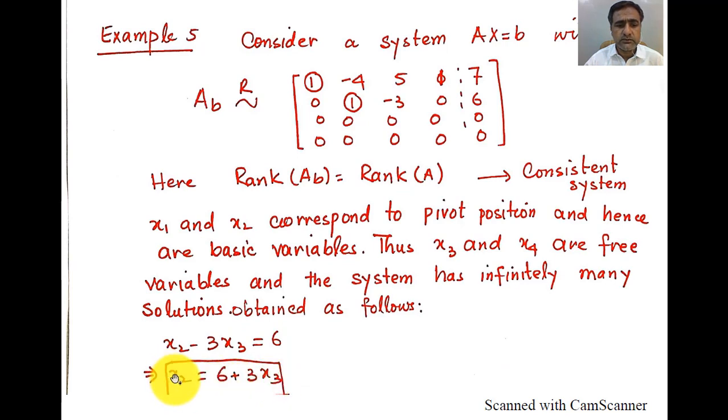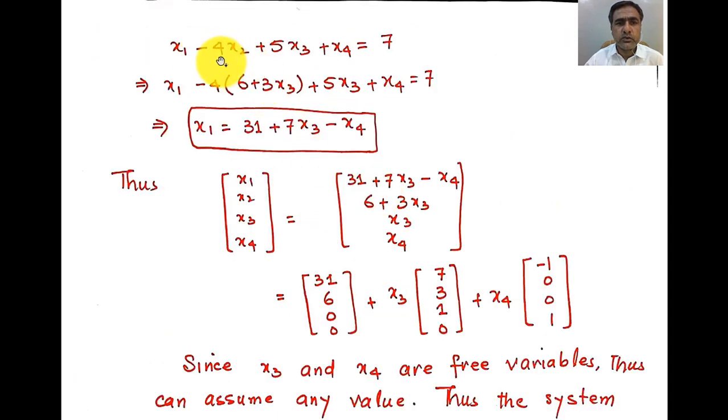We see that x2 is basic, x3 is a free variable, and in this representation x2 has been expressed in terms of the free variable x3. Similarly, from the first equation we have x1 minus 4x2 plus 5x3 plus x4 equals 7. If I simplify it, I have x1 equal to 31 plus 7x3 minus x4.